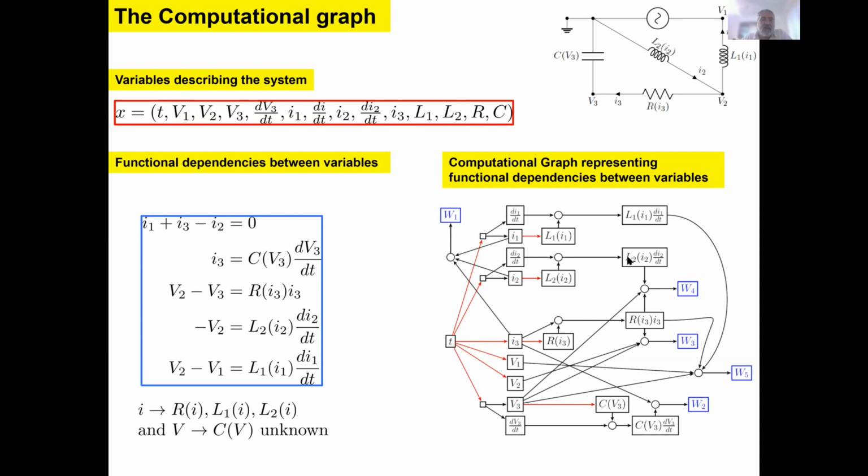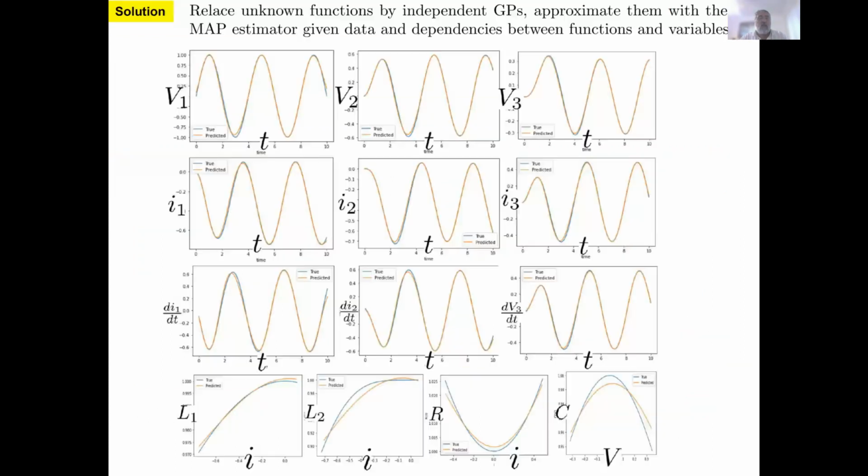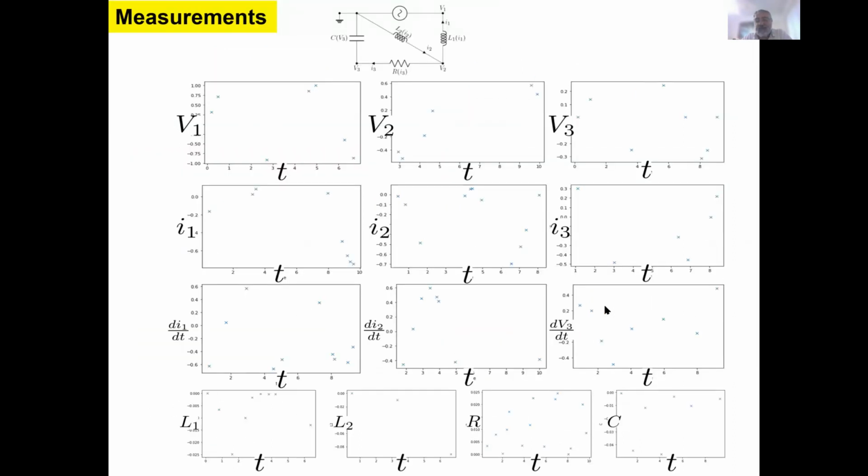And our solution is to replace the unknown functions by GPs and compute their MAP estimator given the data and the dependencies represented by this graph. And these figures show the true and recovered functions using this approach. So the method works surprisingly well, given that the data was quite scarce. So these figures have to be compared to these ones.